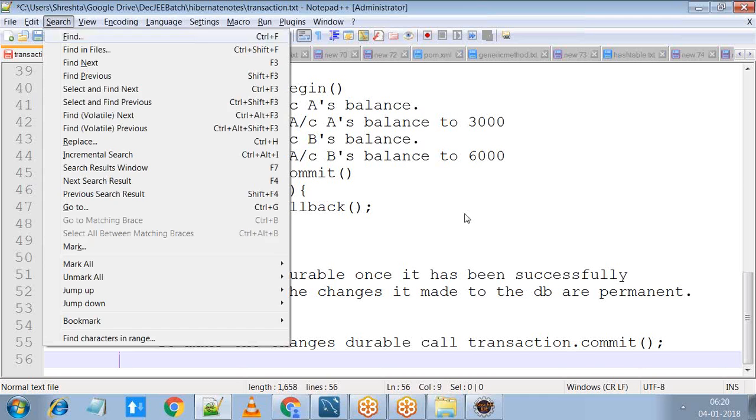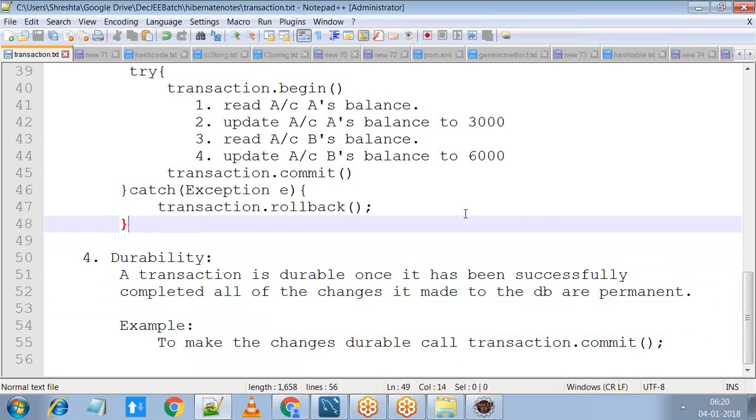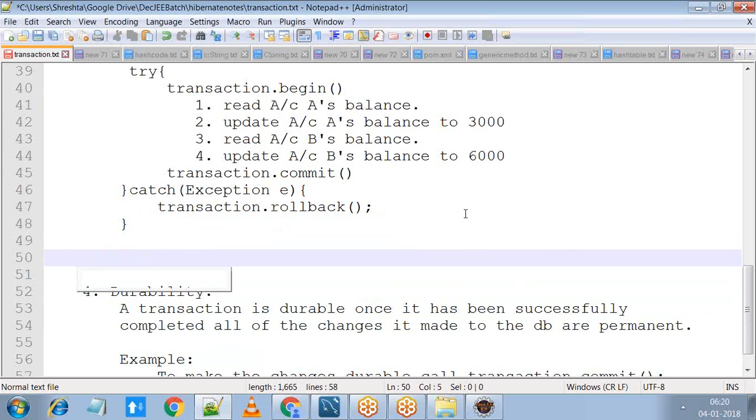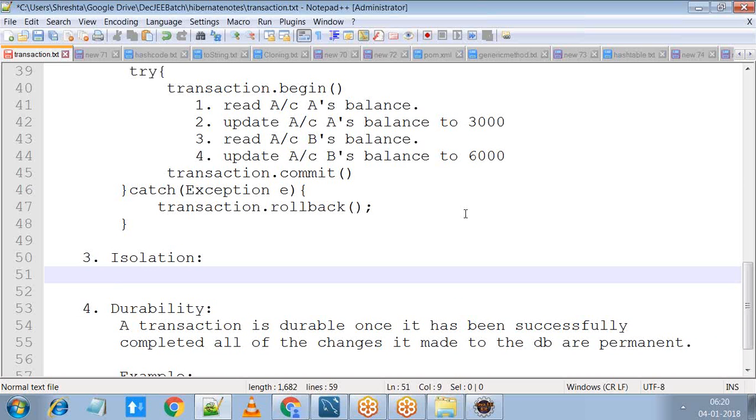Okay. Next, the most important property, which we need to discuss, is isolation. This discussion is going to be lengthy, unlike your other ACID properties. So what is isolation here? What do people think?